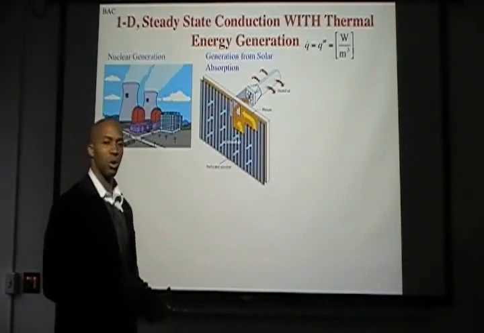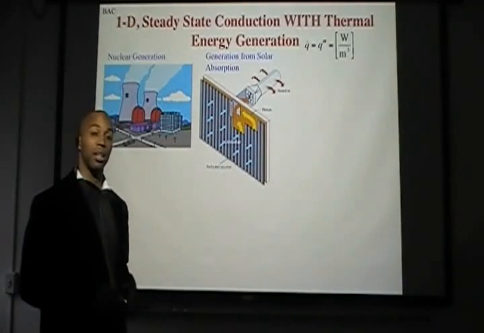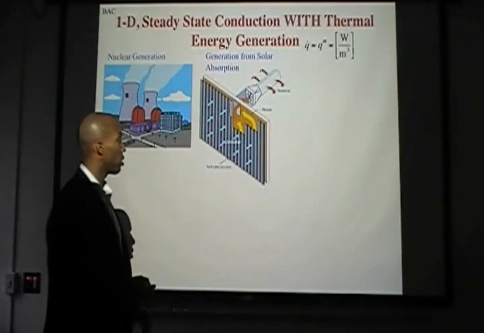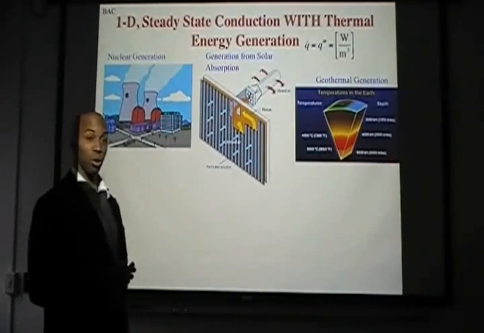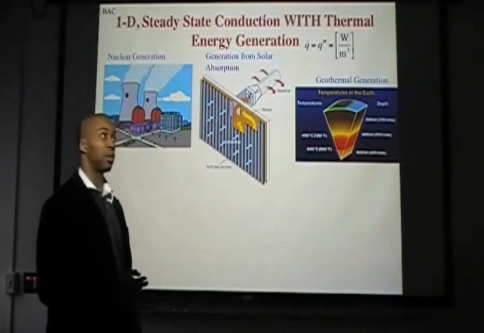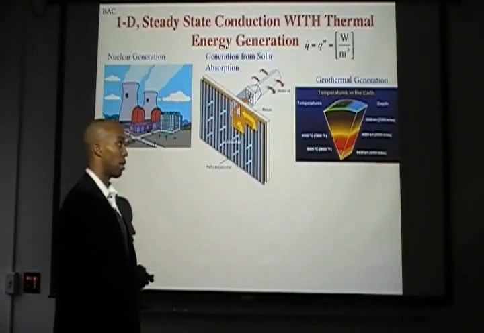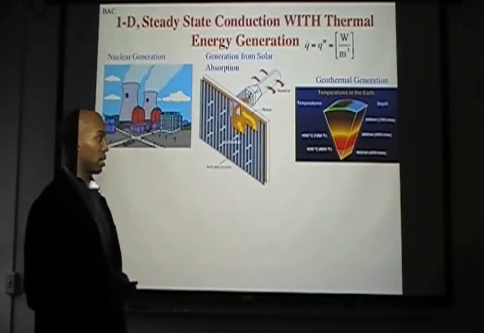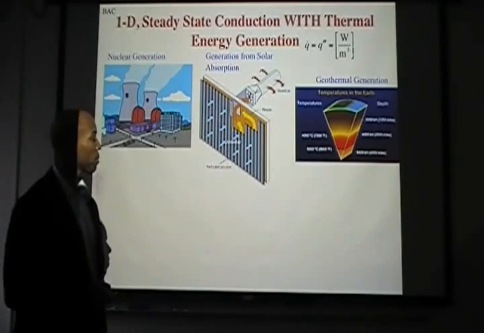So thermal energy generation in a material can be uniform or non-uniform, just like it likely is in the case of a solar absorber. The Earth, the ground beneath you right now, generates a lot of thermal energy. And it can be modeled as a spherical system that has internal generation at its core.